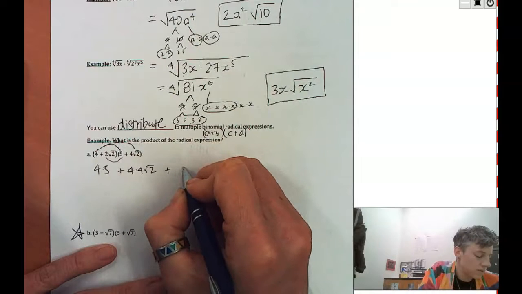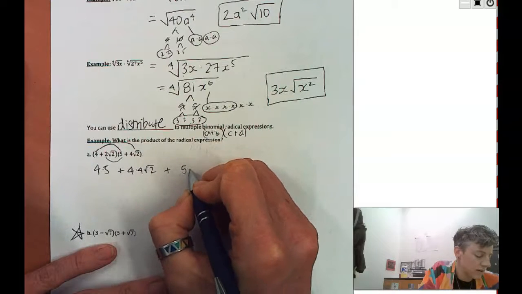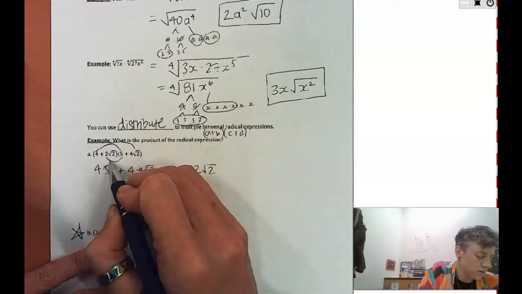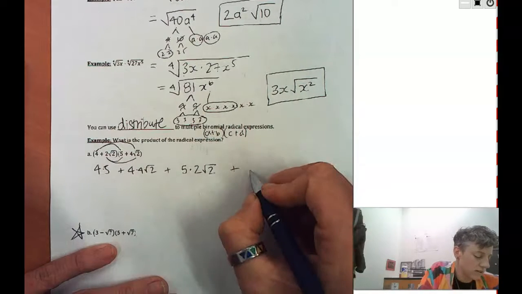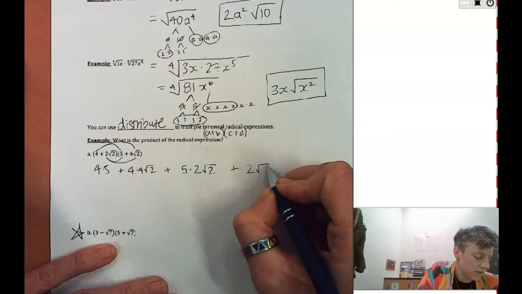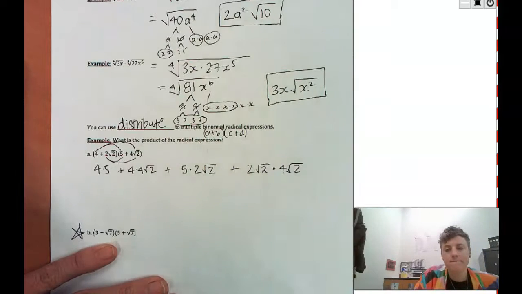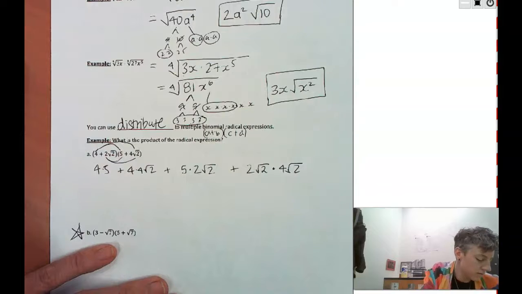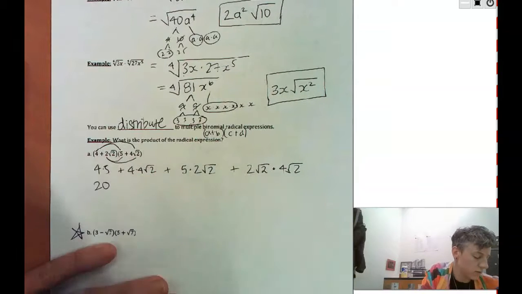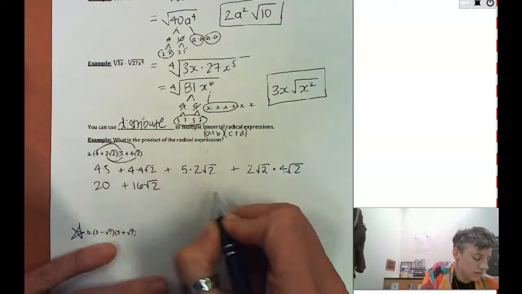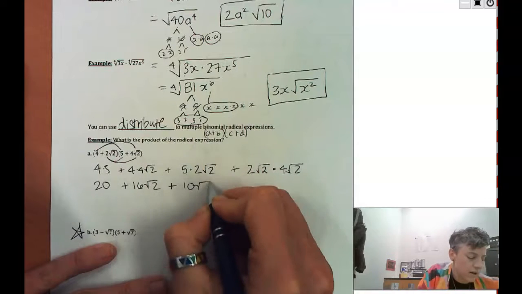I'm going to put the 5 first because I like the way that looks better. And 2 square root of 2 times 4 square root of 2. That one, that's just going to be what that is. Okay, well, what's 4 times 5? 20. What's 4 times 4 square root of 2? 16 square root of 2. That's 10 square roots of 2.